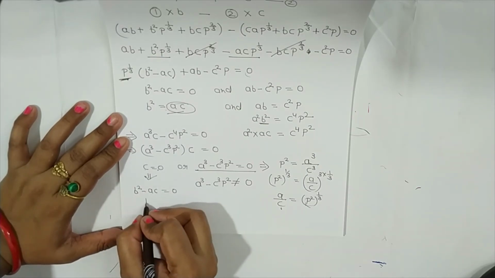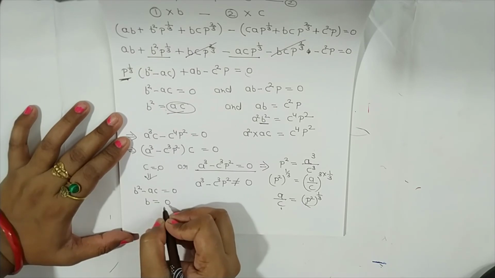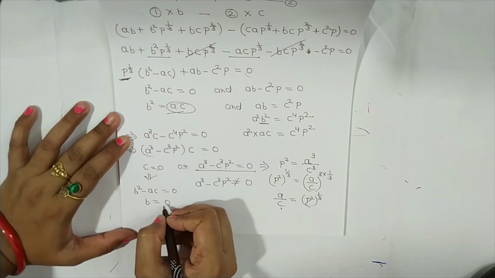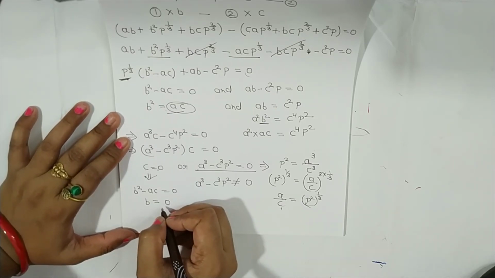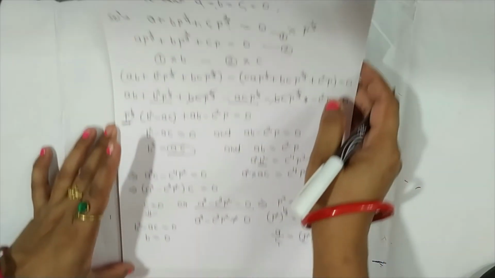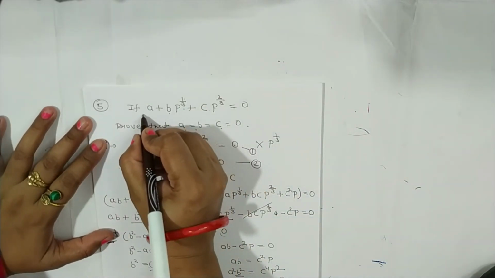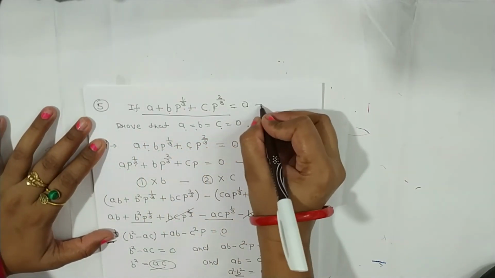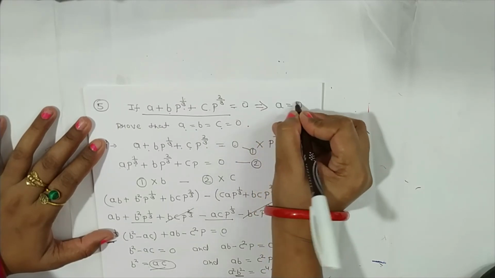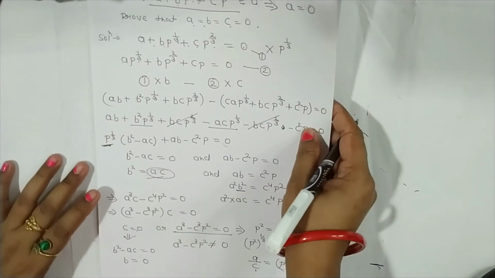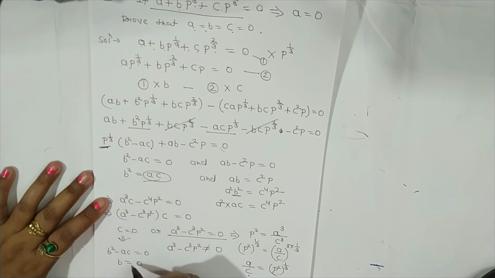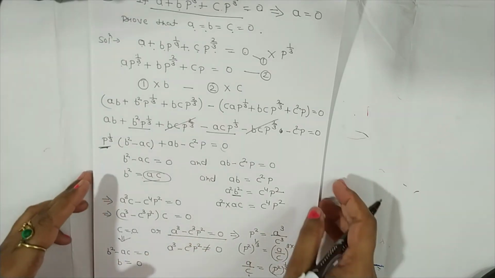Now b is equal to 0 and c is equal to 0 we are putting in this equation, so a is equal to 0. Hence proved: a is equal to 0, b is equal to 0 and c is equal to 0.